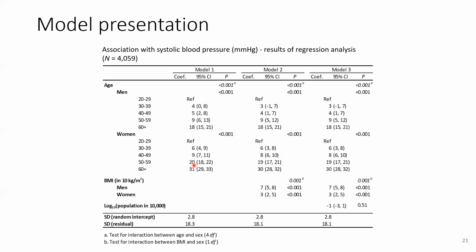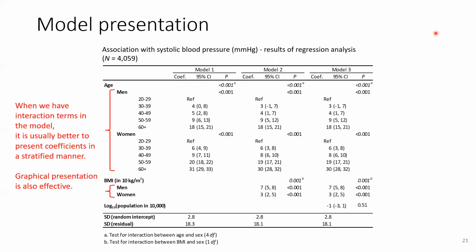And model presentation, this is one way to present. There are several ways, and this is how I may present if I need to use a table. And when we have interaction terms in the model, it's usually better to present coefficients in a stratified manner. So here you can see what is the effect of age for men and what is the effect of age among women.